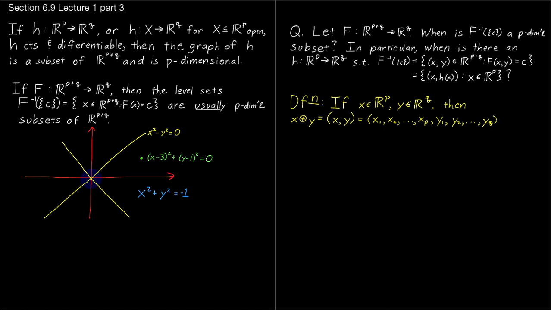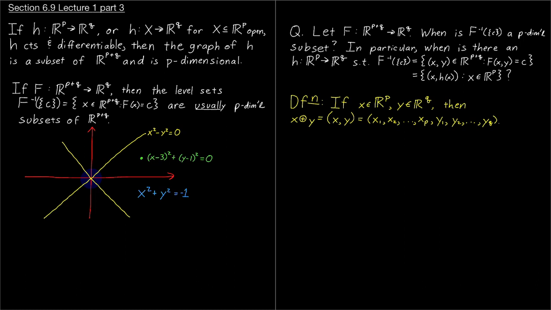So you can think of it as an ordered pair x, y. You can think of it as a direct sum x plus y, or you can think of it as a point in R^(p+q). You can think of R^p cross R^q, the Cartesian product. You can identify that with R^(p+q). So we're going to write points in R^(p+q) this way.